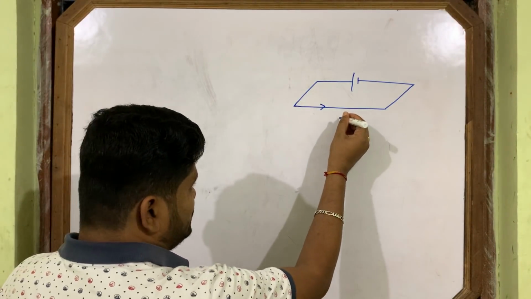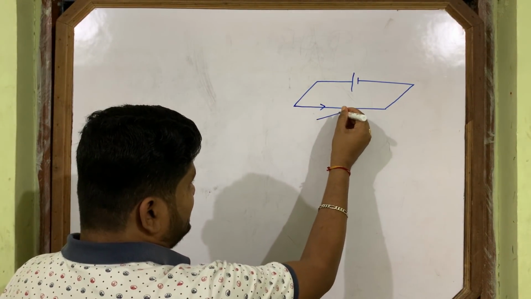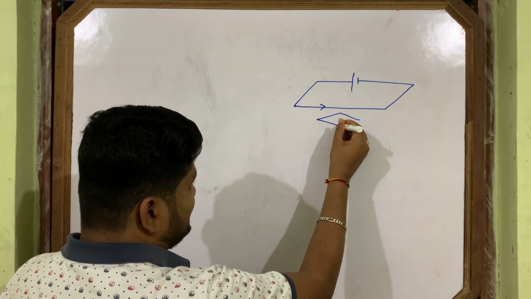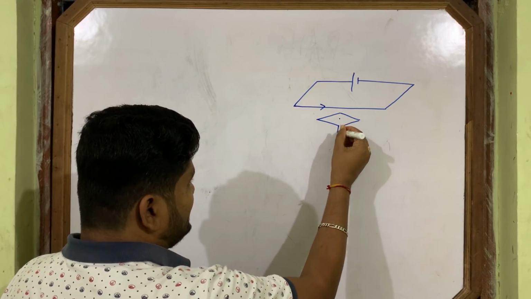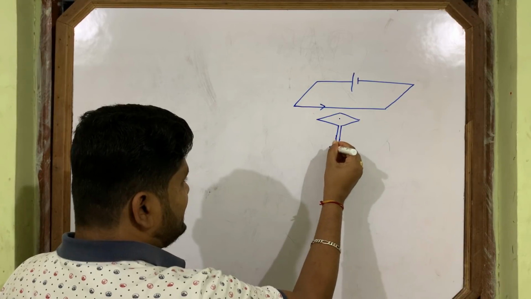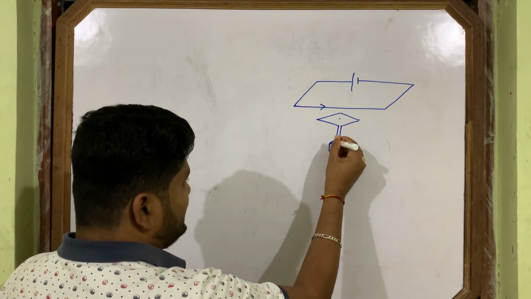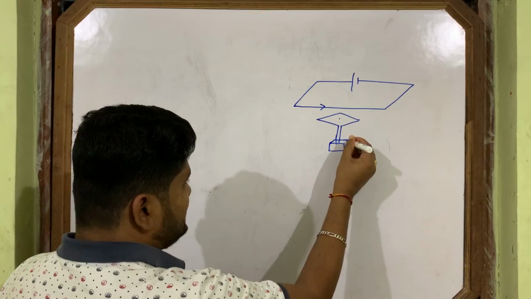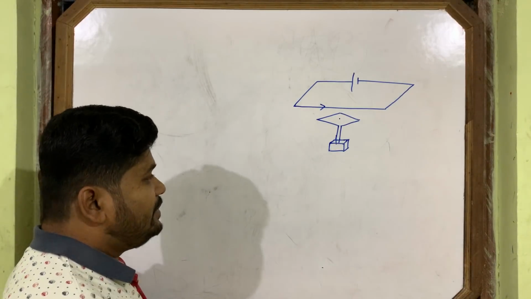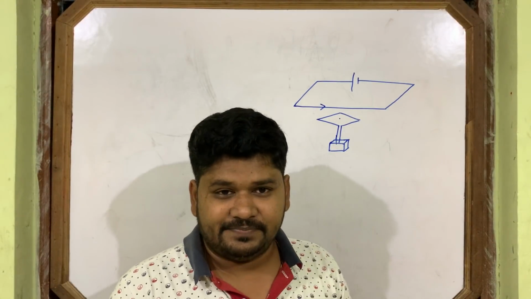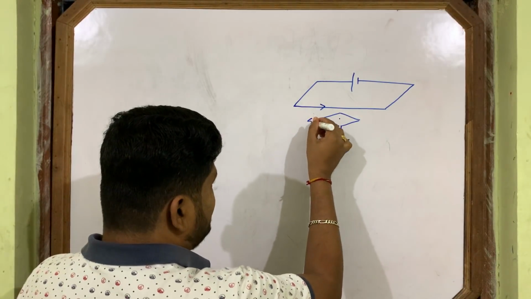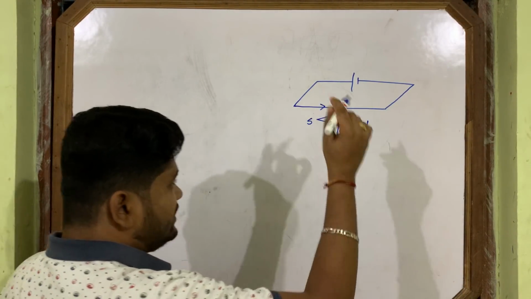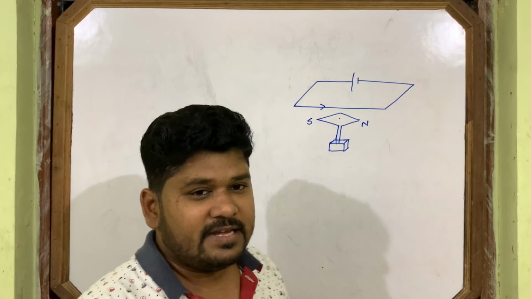So he took one magnetic needle. This is a magnetic needle, and it is just below the current carrying conductor. South pole of the needle here, north pole of the needle here. Like this he kept it.